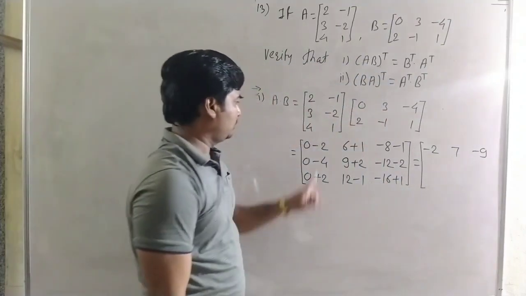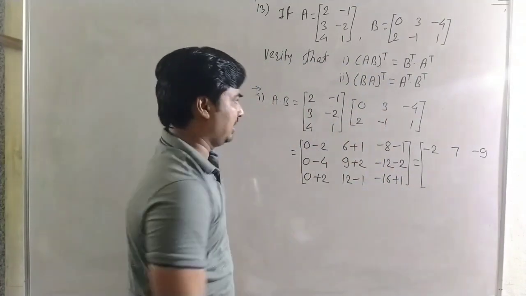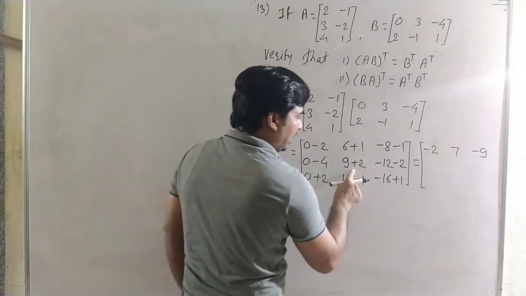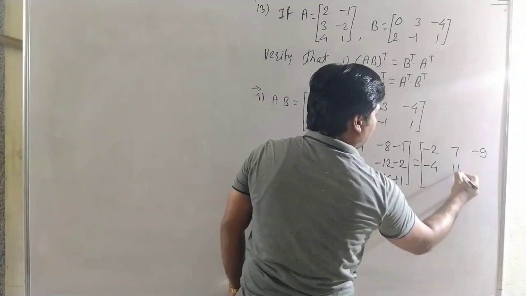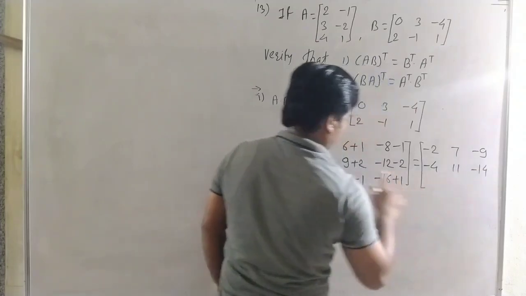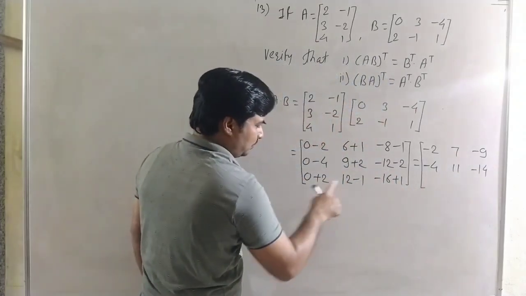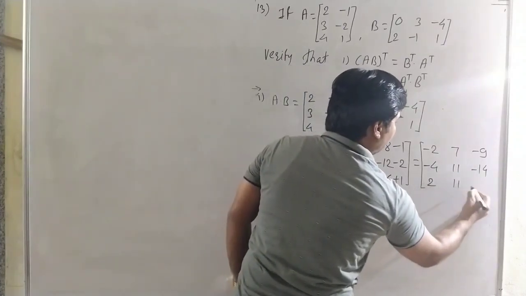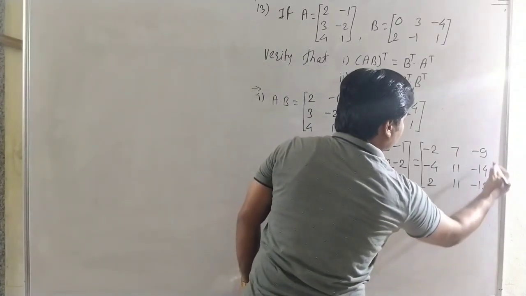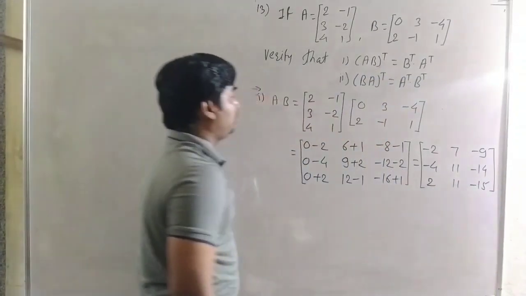See carefully. Then minus 4, 11, and minus 14. Now third row, 2, 11, and minus 15. It is A into B.